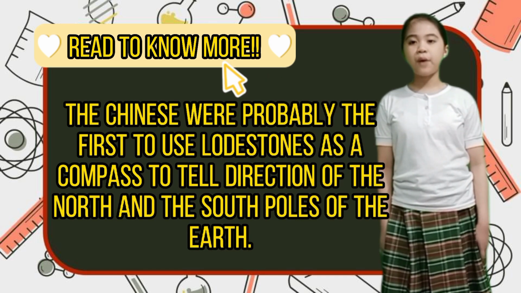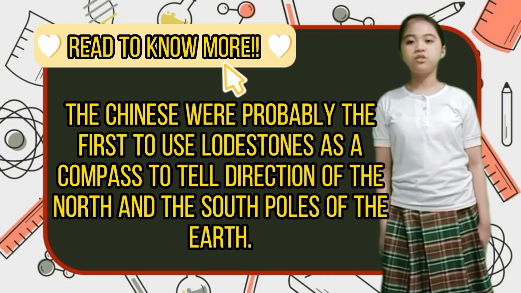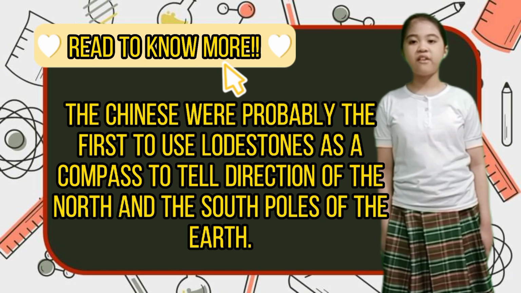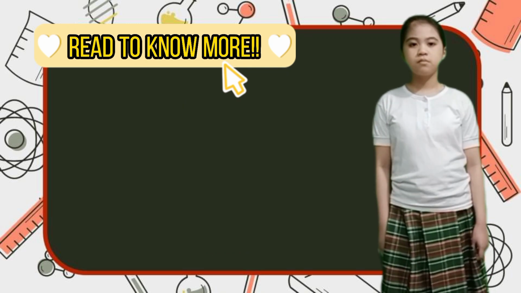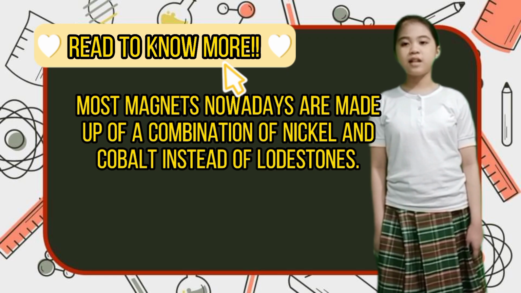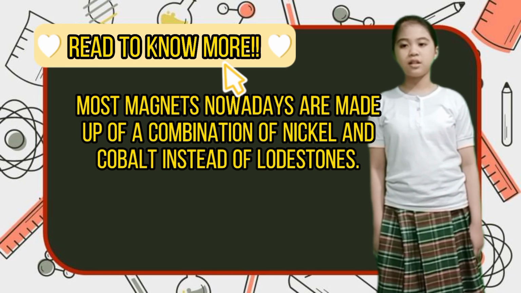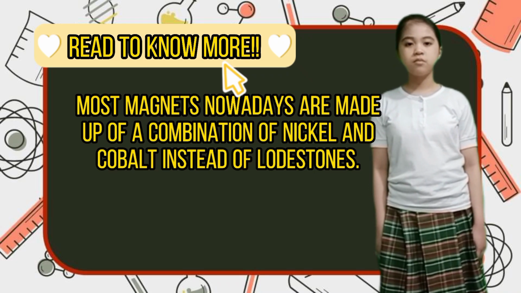The Chinese were probably the first to use lodestones as a compass to tell the direction of the north and the south poles of the earth. Most magnets nowadays are made up of a combination of nickel and cobalt instead of lodestones.